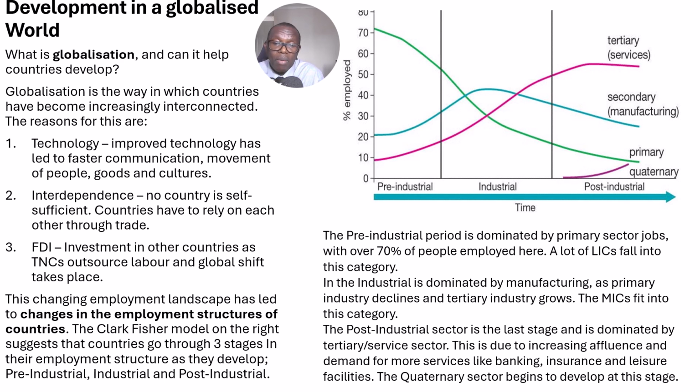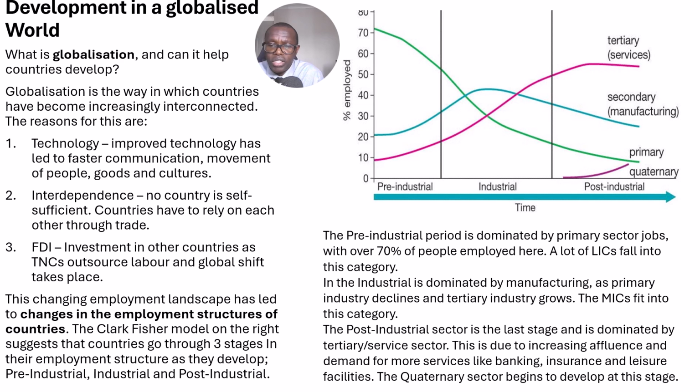And then again, we also have an increasing tertiary sector. But the sector that is taking preeminence here, or that is the highest sector that people work in, is the manufacturing sector due to the increase in the number of industries.